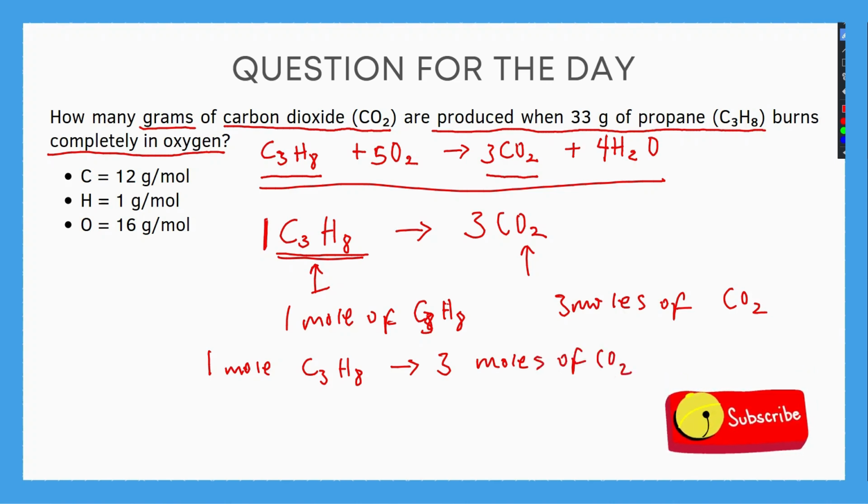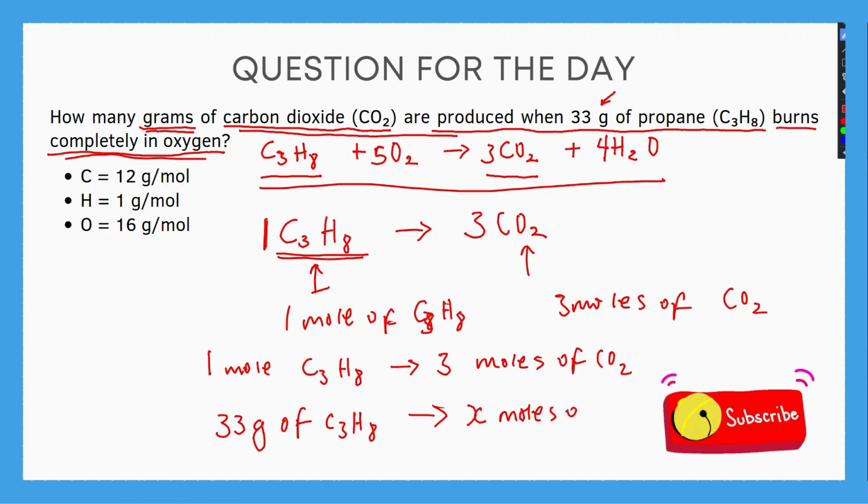The question now says how many grams of carbon dioxide are produced when 33 grams of propane burns completely in oxygen. So therefore, 33 grams of C₃H₈ will now give X moles of CO₂, because the question says how many grams of carbon dioxide.